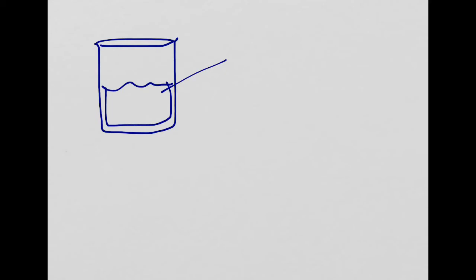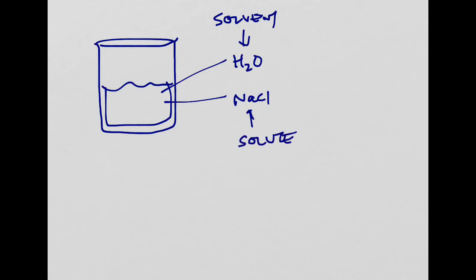By the way, in that case, the salt is the solute, while the water is the solvent. And then we also have salt, NaCl, and that's the solute. If it's a solution, then it is evenly distributed. The salt is evenly distributed throughout that solution. So salt is the solute, solvent is the water.